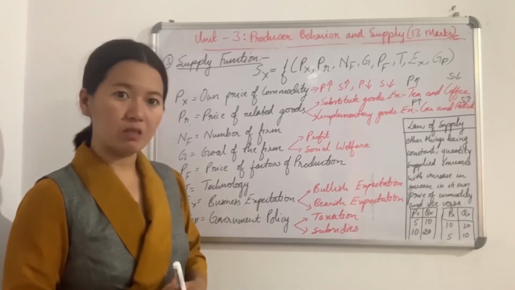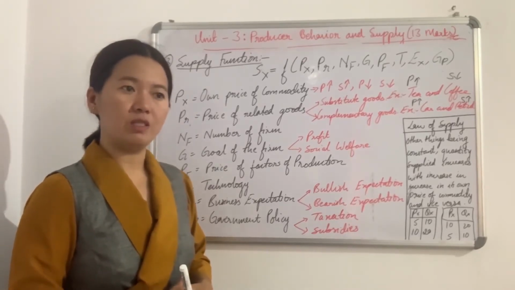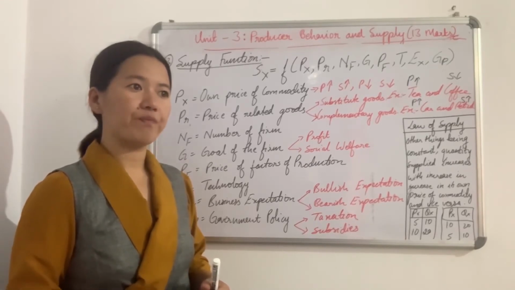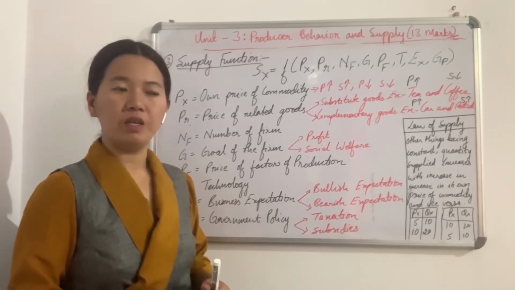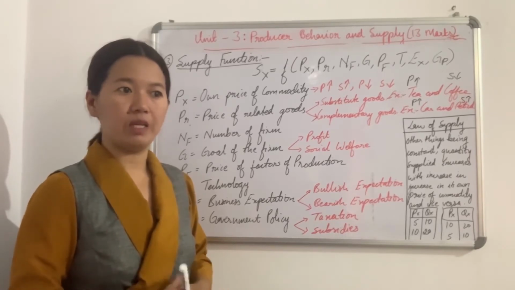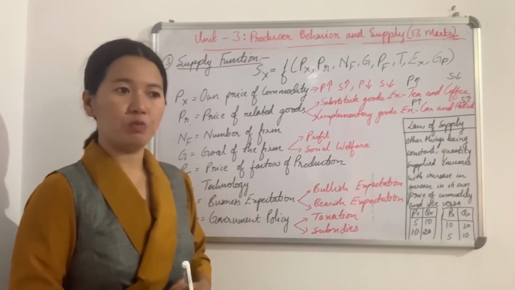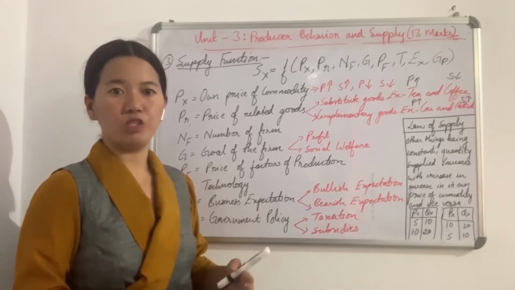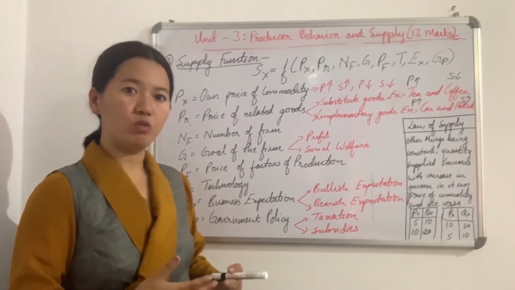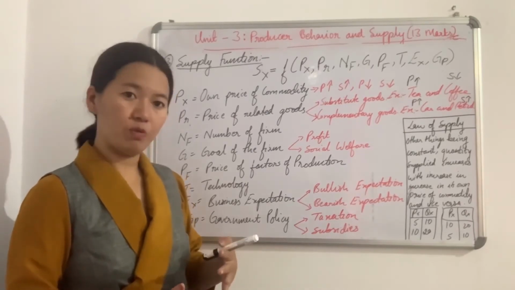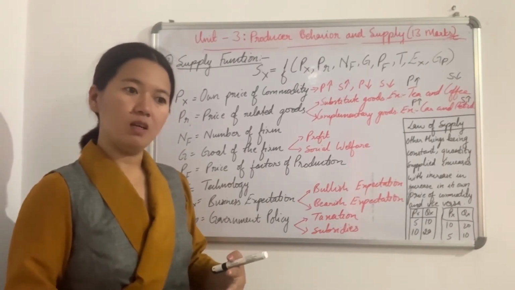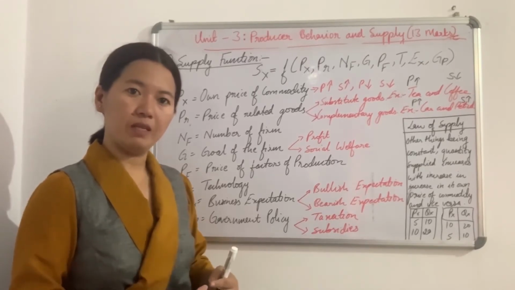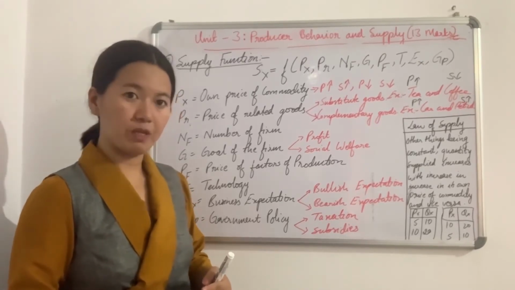Whereas in bearish expectation, the producer is not willing to take risk and he is thinking that he will not get that much profit and there would be less demand. So the producer is not willing to take risk, therefore the supply of the commodity will fall. So according to the various expectations, if the producer expects that there will be more demand, he will increase his supply, that is bullish expectation.